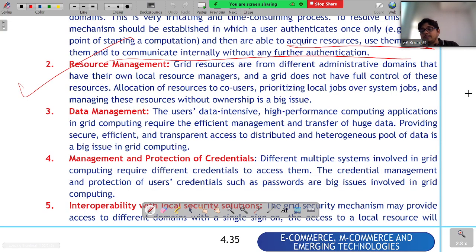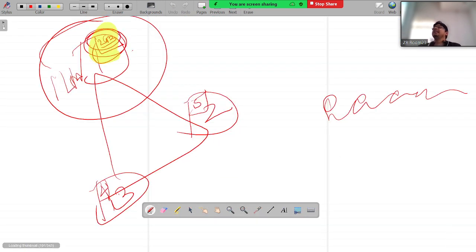So, resource management. Data management, very simple. User data-intensive, high performance computing applications in grid computing require the efficient management and transfer of huge data. Providing secure, efficient and transparent access to a distributed and heterogeneous pool of data is a big issue. Now listen, underline: providing secure, efficient and transparent access to data. In a grid, any computer is connected with each other, correct?